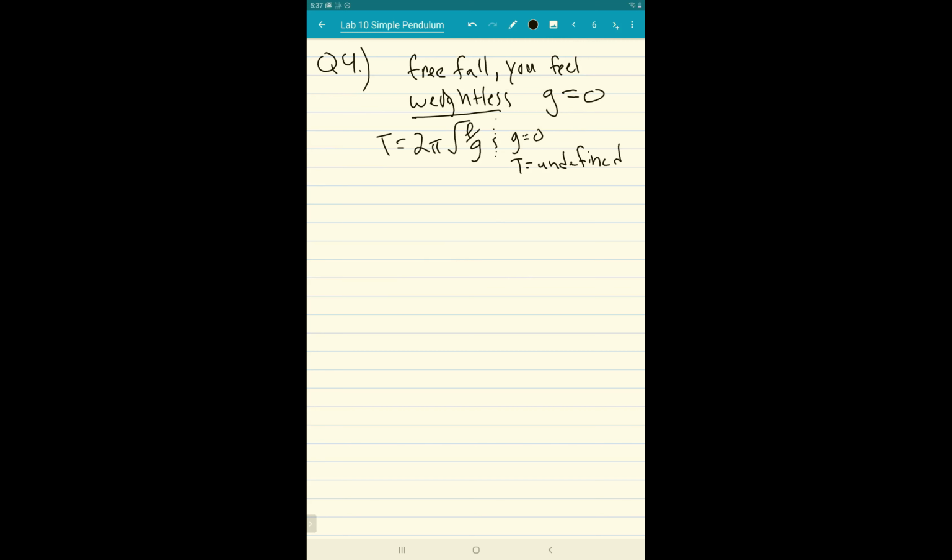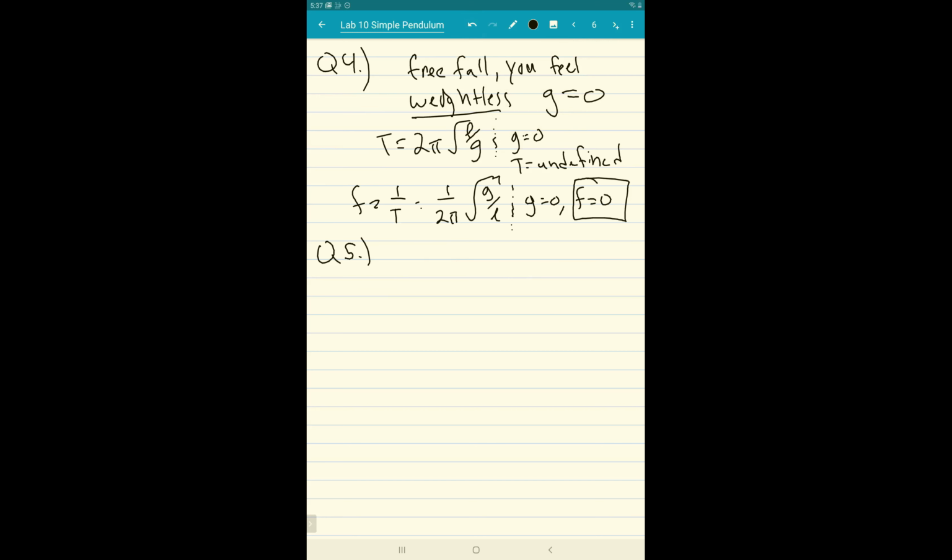If I look at frequency, which is 1 over period, I'd get 1 over 2 pi square root of g over L. And if I plug in g equals 0, I get the frequency equals 0, which means it's 0 cycles every second. Okay? And that's your answer right there. So you can see that undefined period means there's no such thing as seconds per cycle because there's no cycles happening.